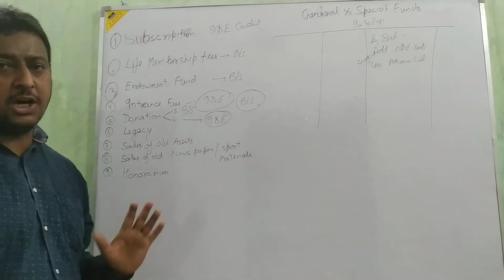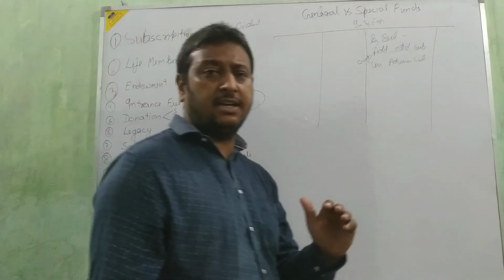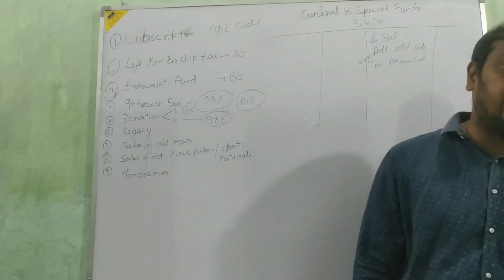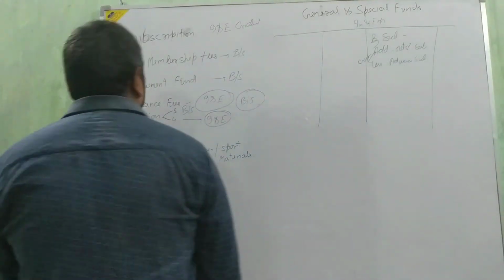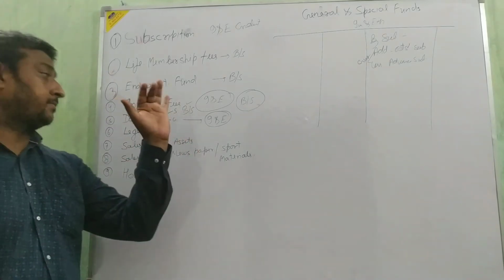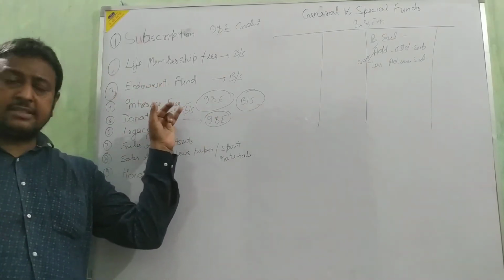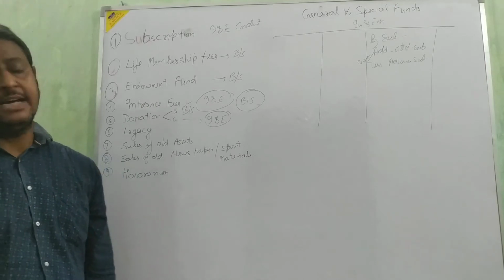Clear? Specialized donation, any donation for any special work, we show in the balance sheet, and general donation we show in the income and expenditure account.